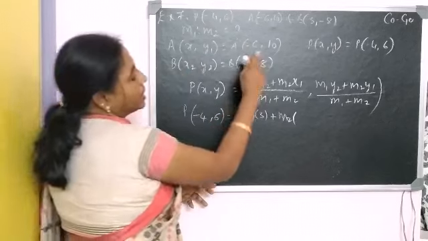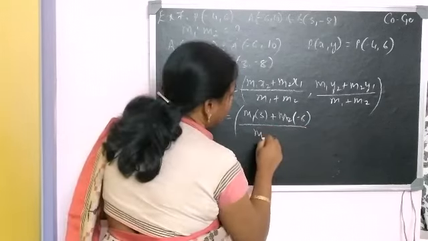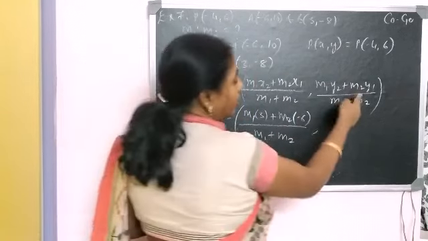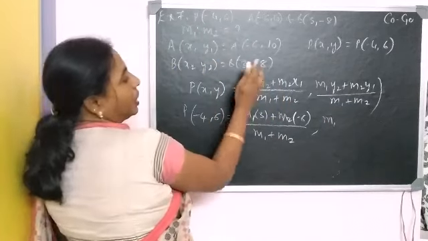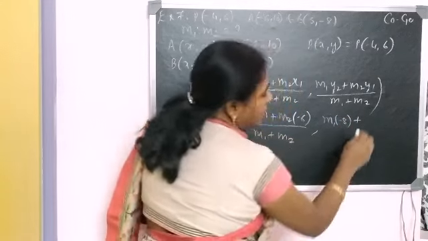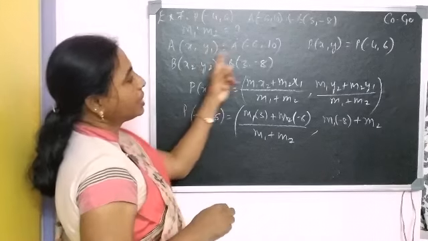x1 in this is minus 6 divided by m1 plus m2, comma m1 y2, again m1 is unknown, y2 in this you check, this is minus 8 plus m2, again unknown, y1 in this is 10.